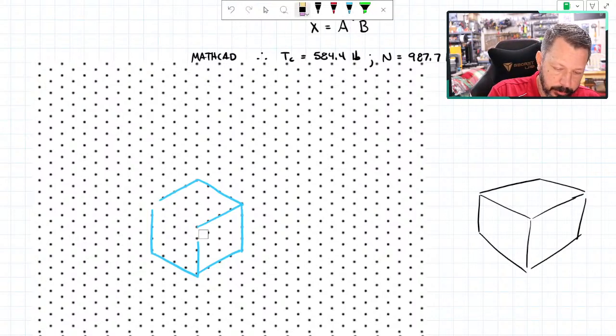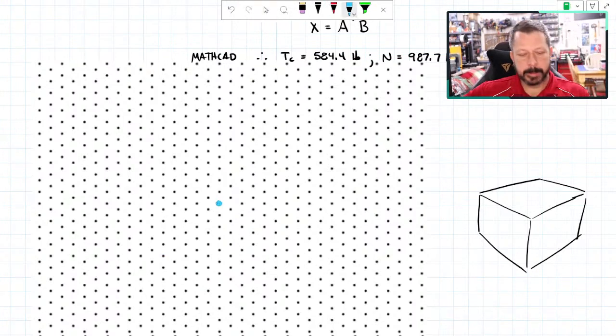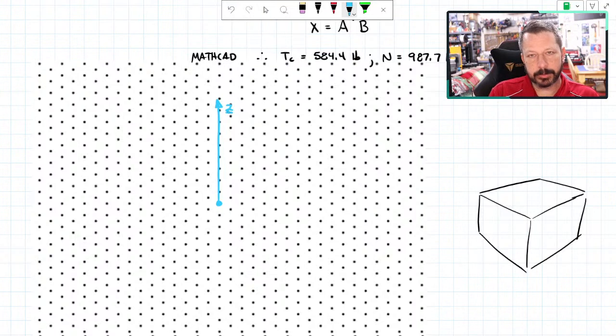To create a coordinate system here, I will pick some point. I'll do this one as my origin. There are a couple of different ways you can create the x, y, and z axes. I'm going to use the process where z is up. Sometimes z is the one coming out towards you, but it's just easier for me to remember when z is up.